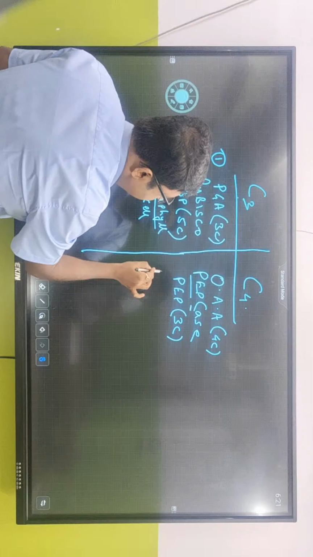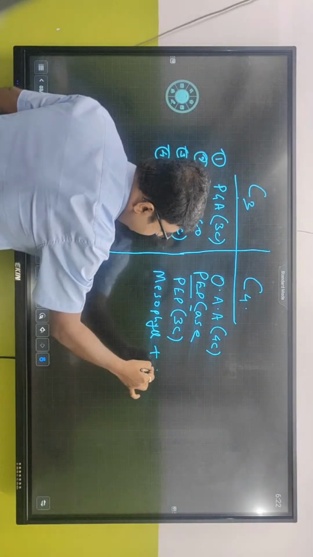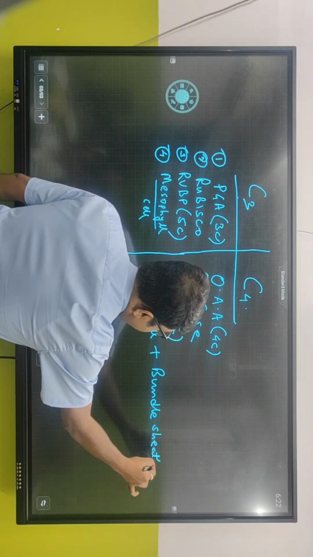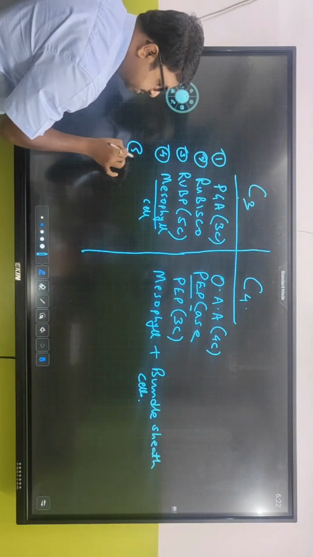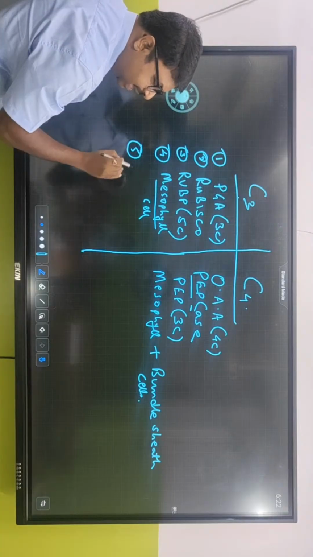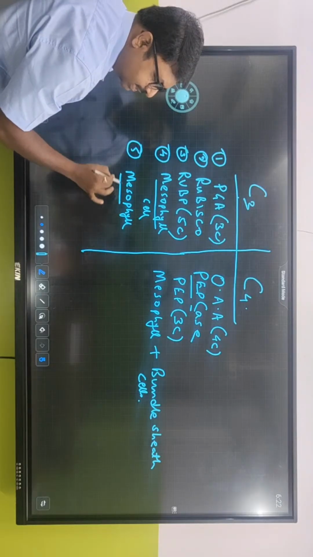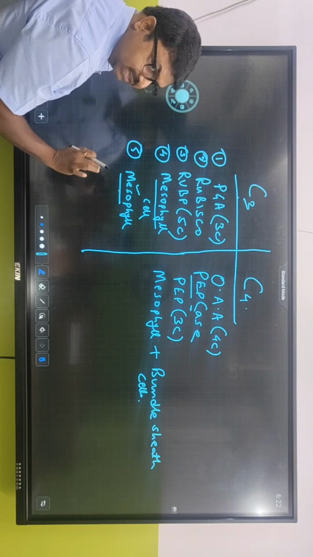But in C4, it requires mesophyll and bundle sheath cells. Now, the carbon dioxide acceptor normally কোথায় হয়? Inside mesophyll cells, where it mainly accepts carbon dioxide.